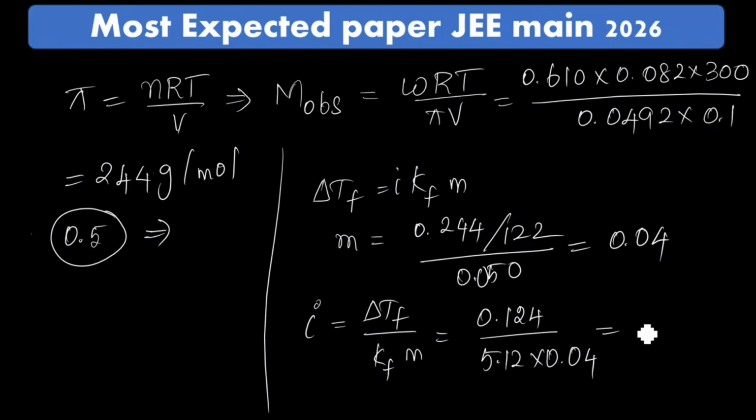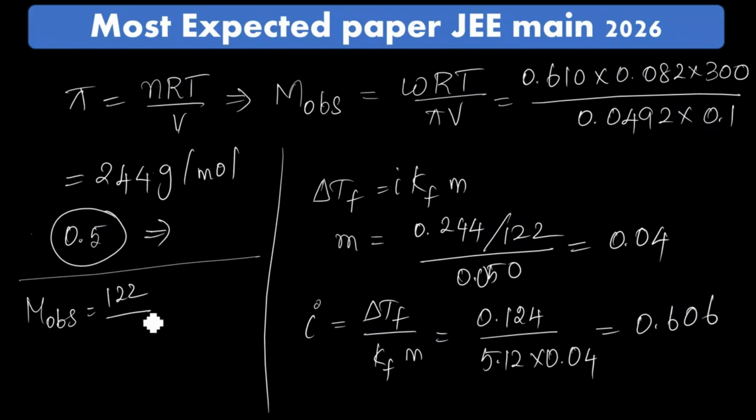If you substitute this, you will be getting 0.606. So 0.606, that is my i value. You can take it as 0.61. So M observed from here, that is 122 by 0.61, that is 200 gram per mole.